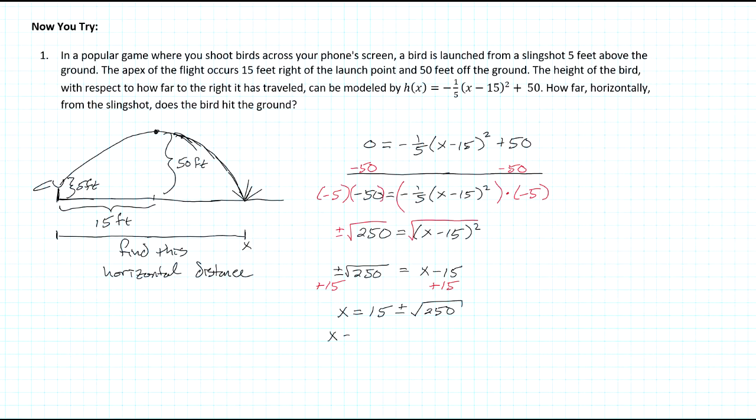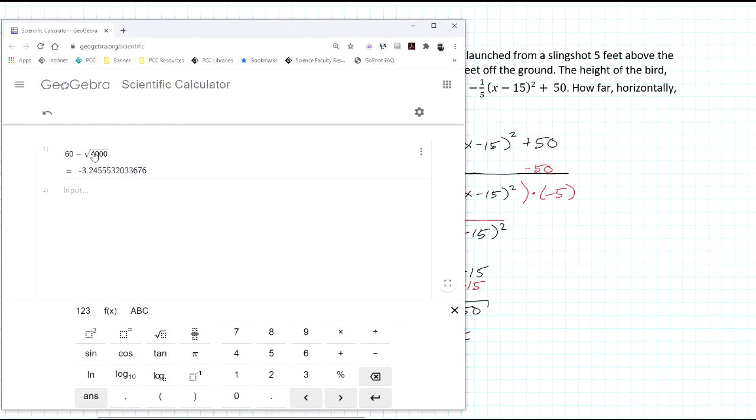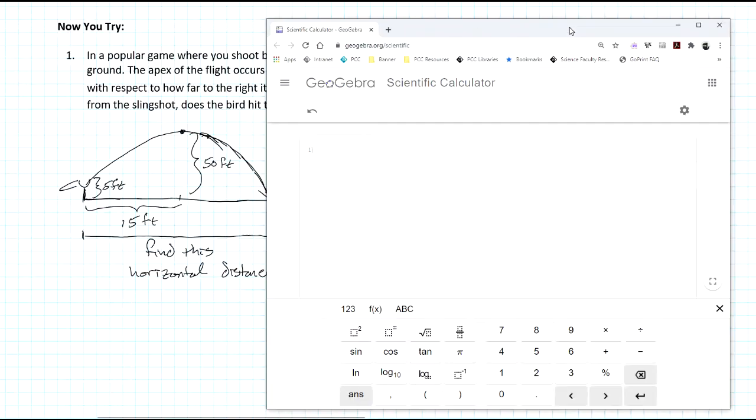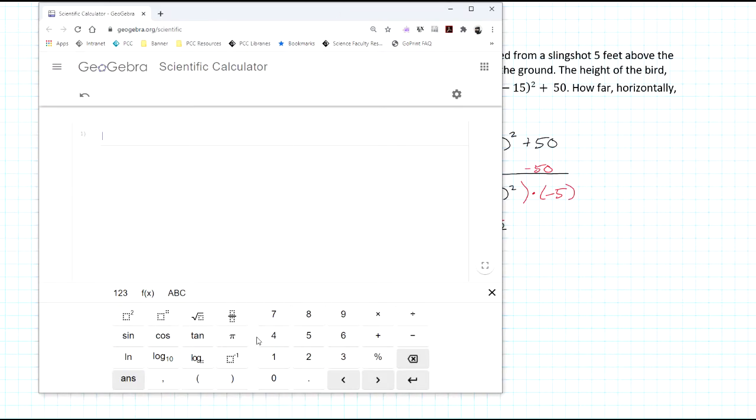From this, we'll get x is either 15 plus the square root of 250. And let's get an approximation for that real quick. Pull out the calculator here. 15 plus the square root of 250 is 30.8.